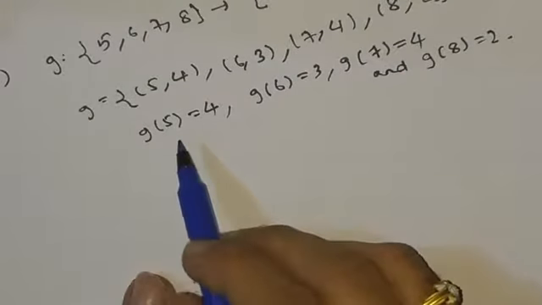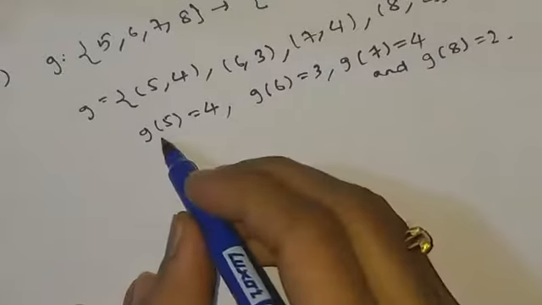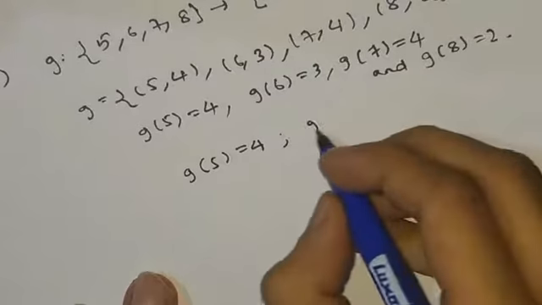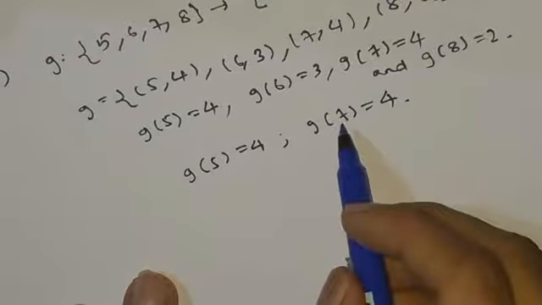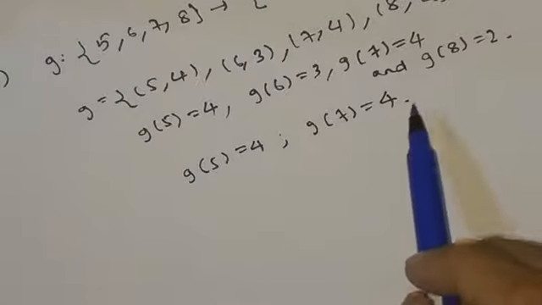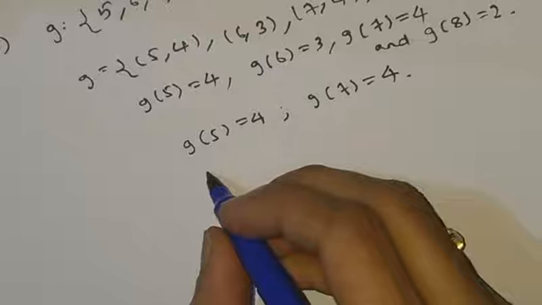So here you can see that this function again is not 1-1. Why? Because g of 5 is equal to 4 and g of 7 is also equal to 4. That is, two different elements in the domain of the function g have the same image in the codomain of g.